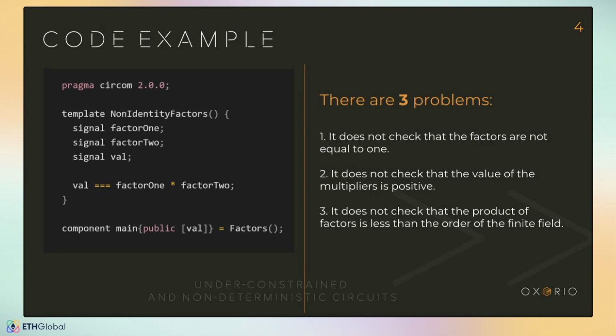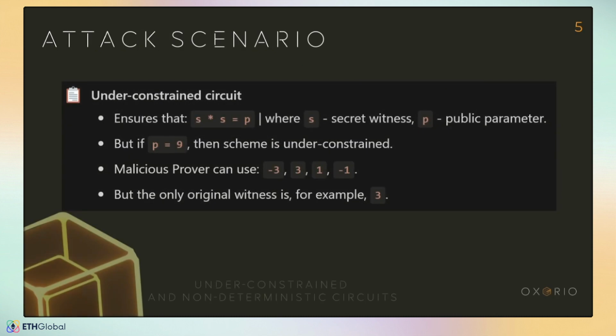So there are 3 core problems here. First, our template doesn't check that the factors are not equal to 1. The second problem is that it doesn't check that the value of the multipliers is positive. And the third one is that the product of factors is not checked to be less than the order of the finite field, which is a typical example of the wraparound effect.